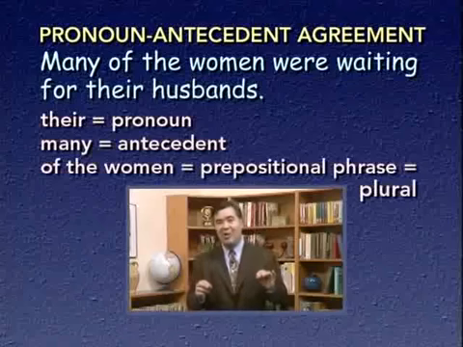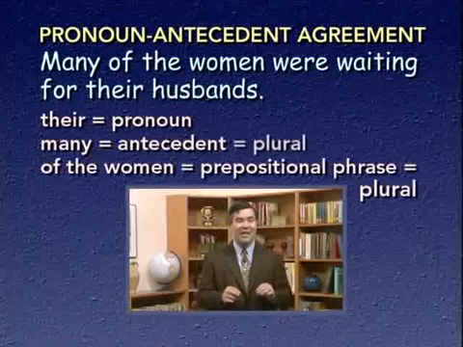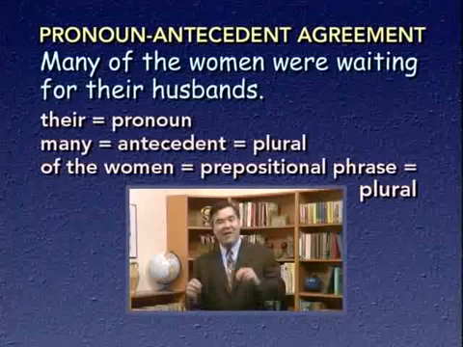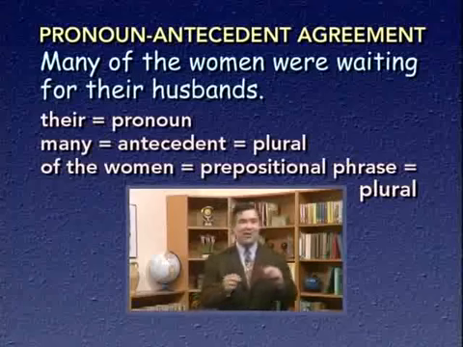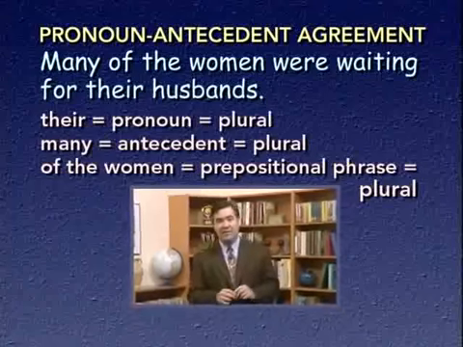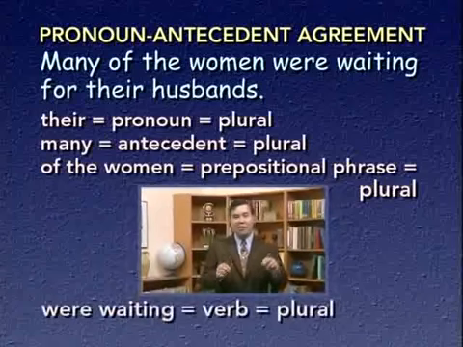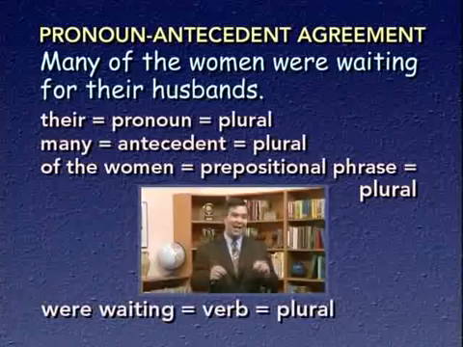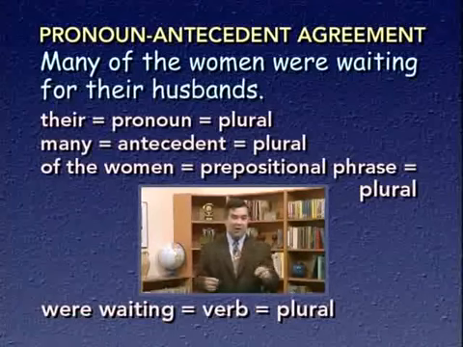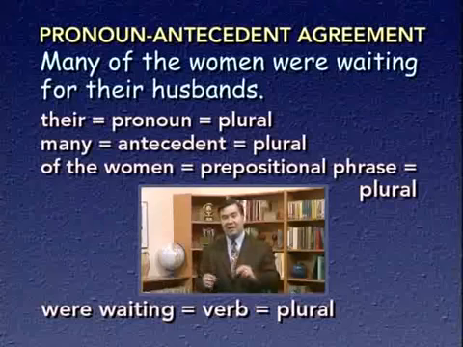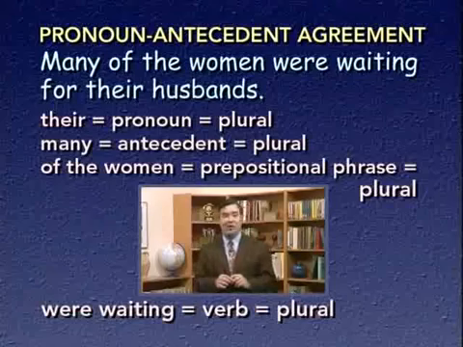Therefore, the SANAM pronoun many is also plural, and therefore the pronoun that refers back to many, their, is also correct. Many is plural, the verb were waiting is plural, and their is also plural. All these 3 match together, and therefore the sentence is perfectly correct.